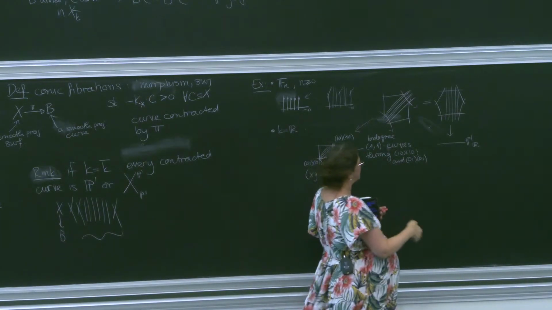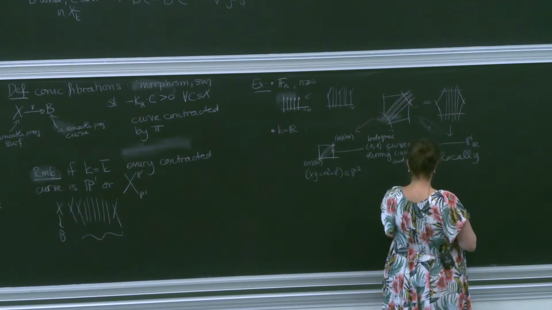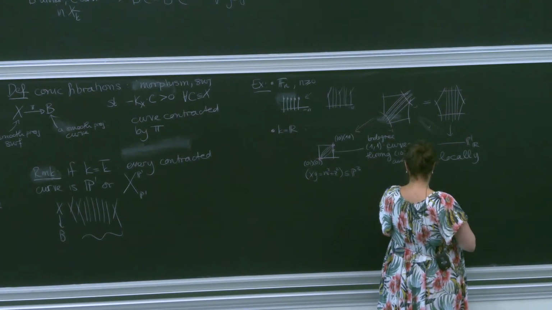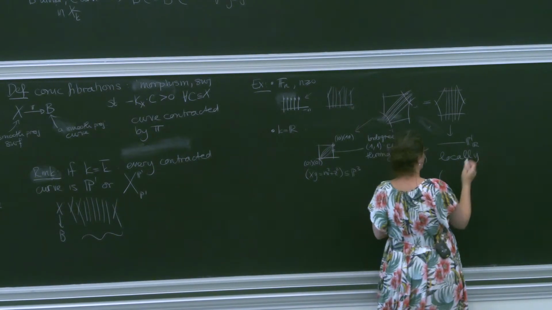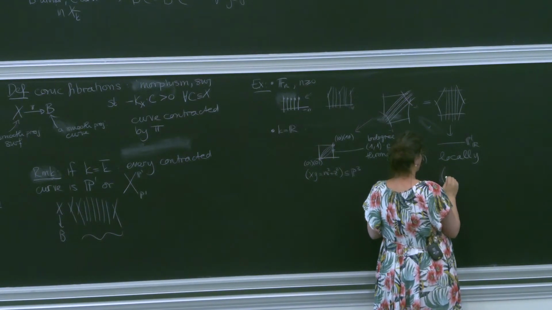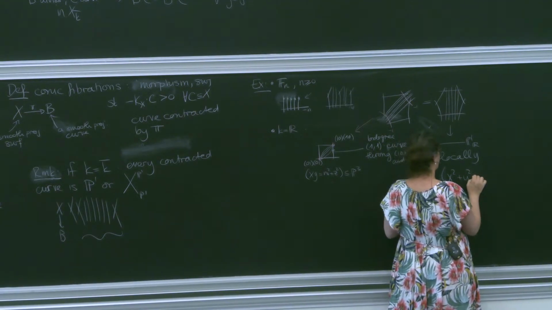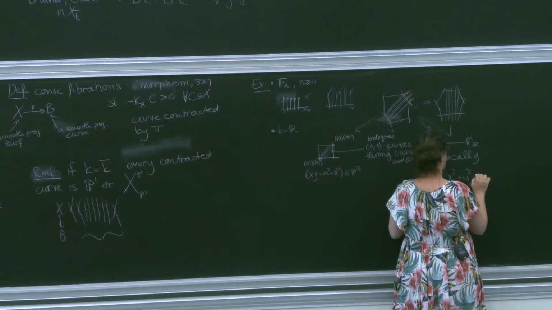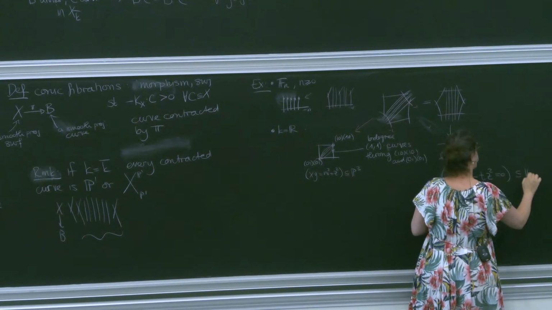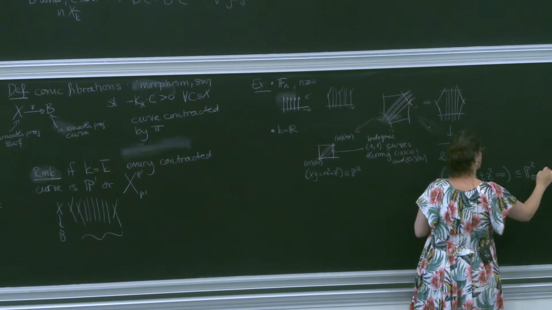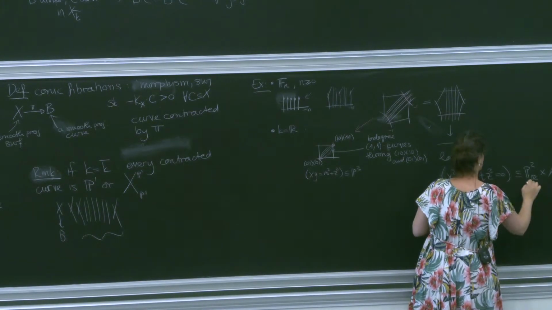And locally we can write this as x squared plus y squared minus t z squared equal to 0 in P2 over R times A1 over R. So here is the t, this is x, y, z.